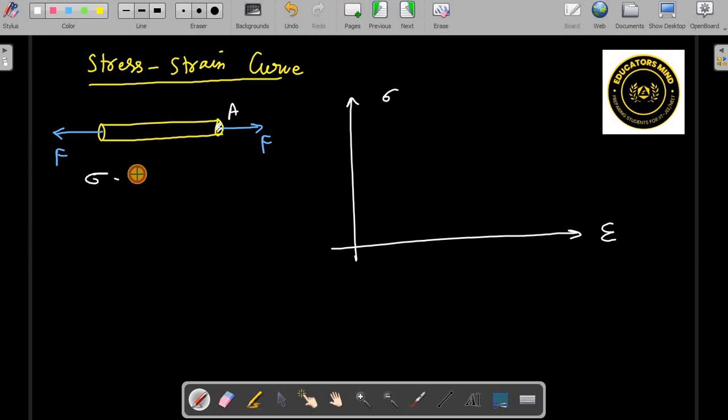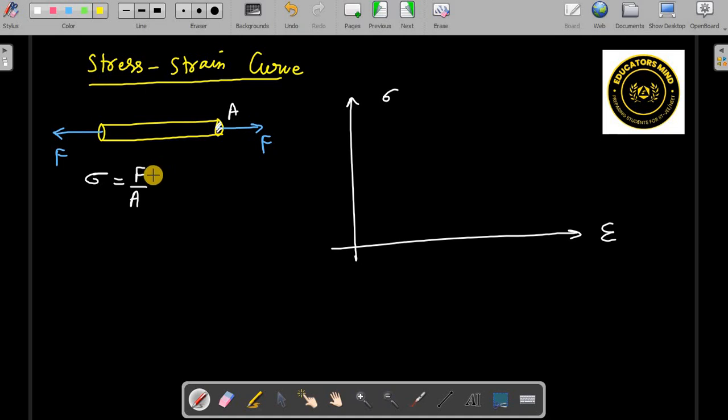Stress is force by area. Remember that this area definitely keeps on changing, so we are not measuring it instantaneously. We are not considering the change in area, only the external load conditions we are changing.